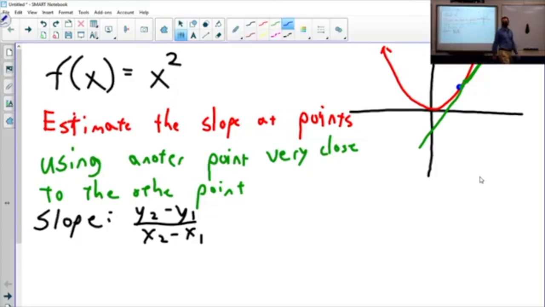Well, let's mark down what these points are. So our first point, our blue point, I'm going to label as, well, we have an x-coordinate of x, and that means our y-coordinate, since our function is f of x, we can just say it's f of x. So x, f of x.